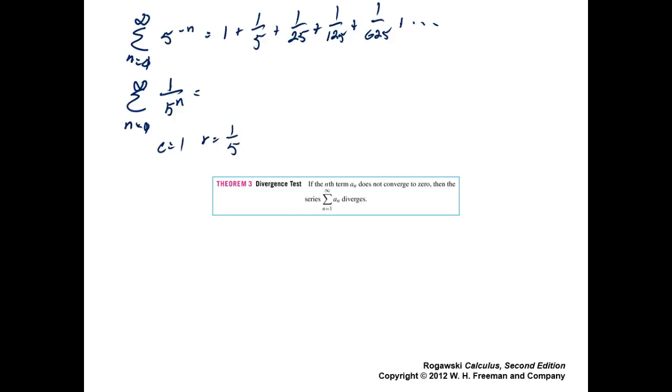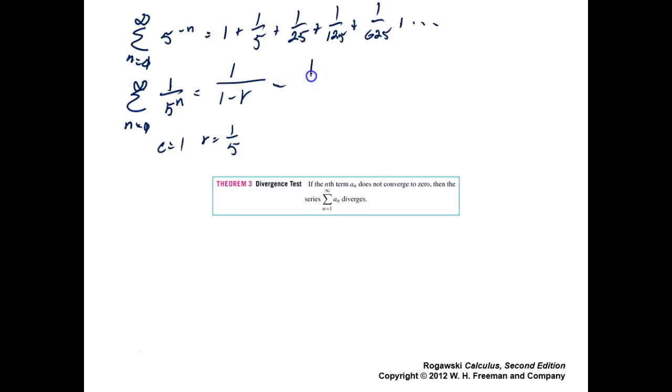So, going from 0 to infinity, from Theorem 2 at the top of the page, that infinite series would be c, which is 1, over 1 minus r.